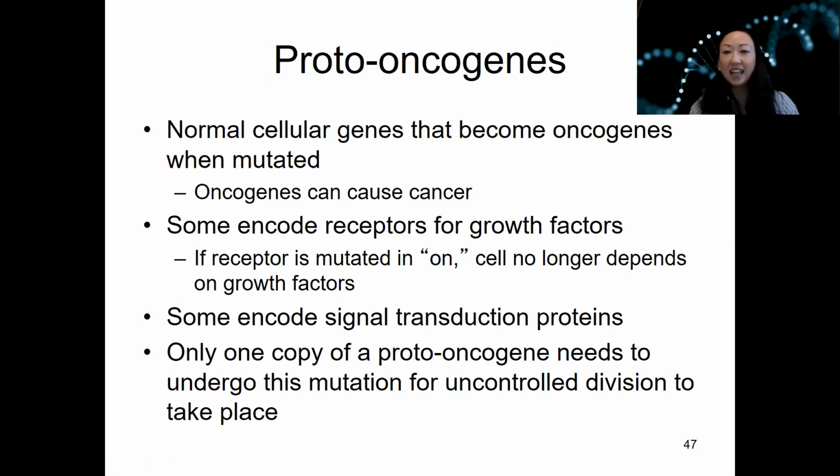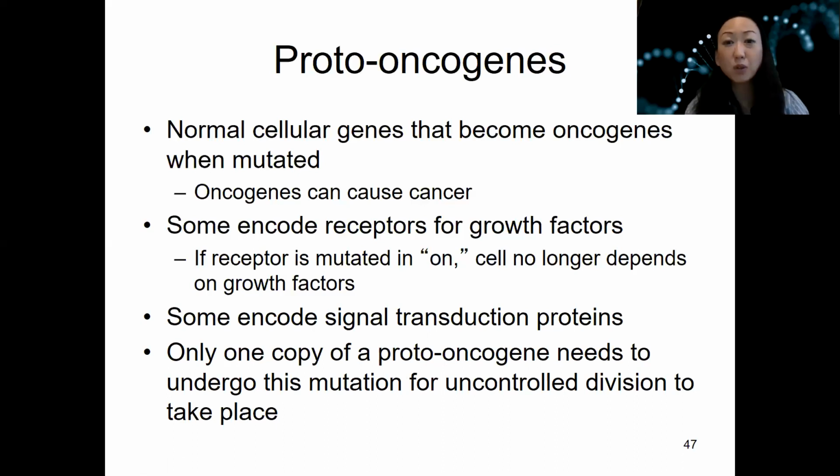Okay. The thing is, you only need one copy of the proto-oncogene to be mutated, because you always have 2 copies of every gene, one from dad, one from mom, right? If we are talking about P53, tumor suppressor, this brake doesn't work. Hey, I still got the P53 from mom. It works. So I am still going to stop when I need to stop.